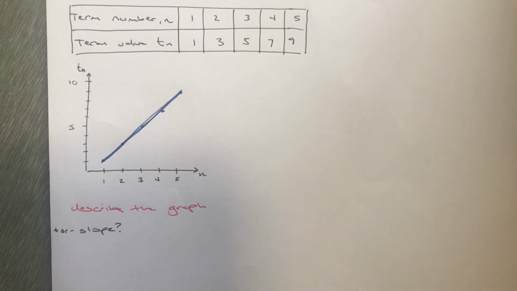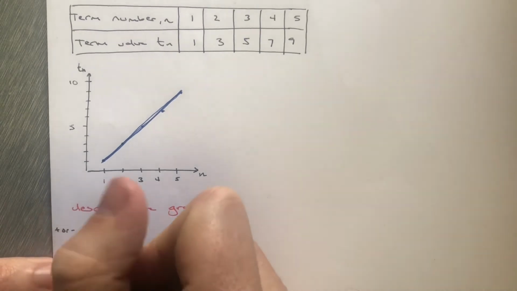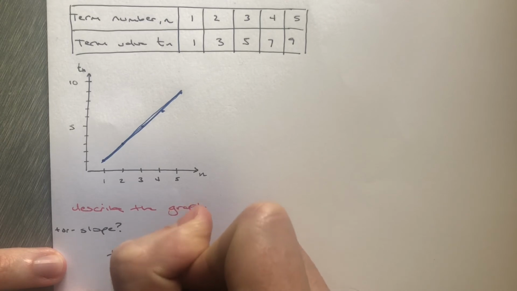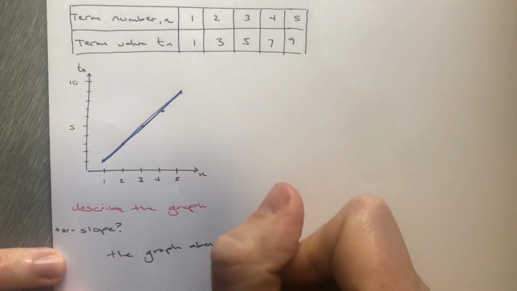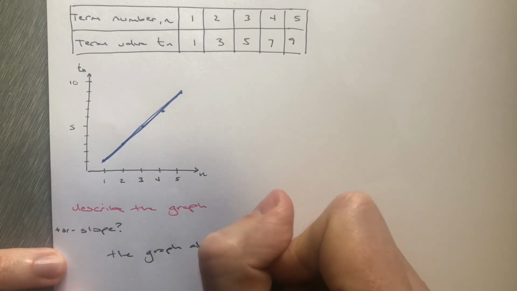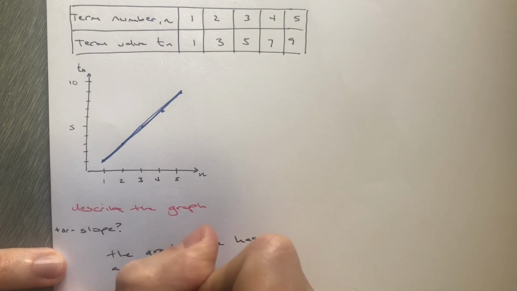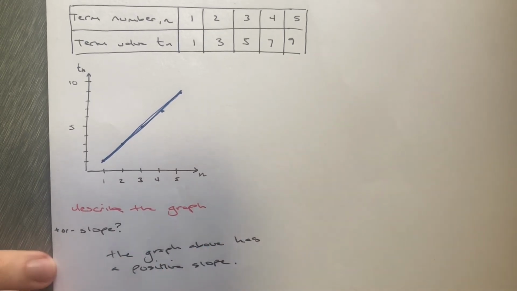So we would just say that the graph above has a positive slope, and that's all we need to do.